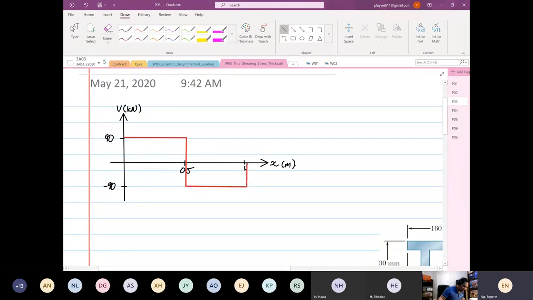Okay, so that is your shear force diagram. So from here, what we discover is that Vmax is equal to 90 times 10 to the power 3 Newton. We are looking at the magnitude for this case.